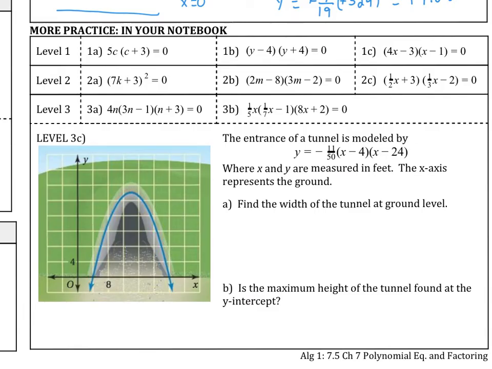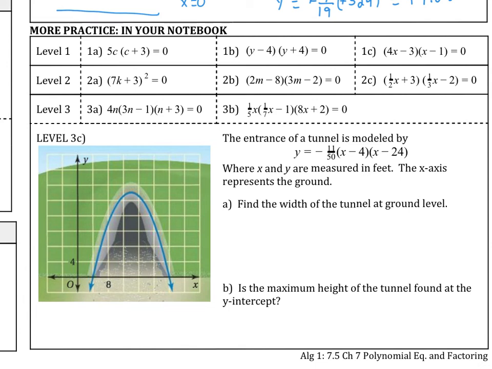Now you're going to do these more practice problems in your notebooks, and that's going to be your homework. You're going to do level 1, 2, and 3. If you are doing up to level 2, that is fine. If you're skipping level 3, that's perfectly fine.